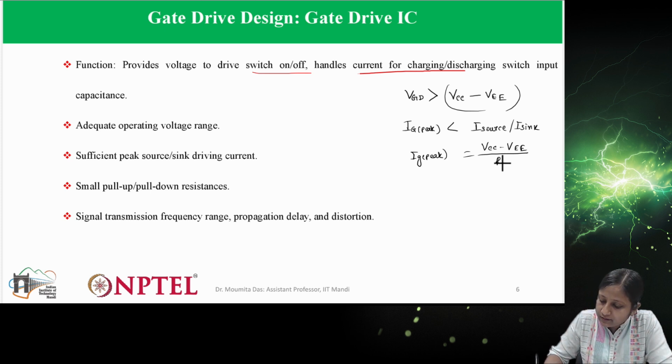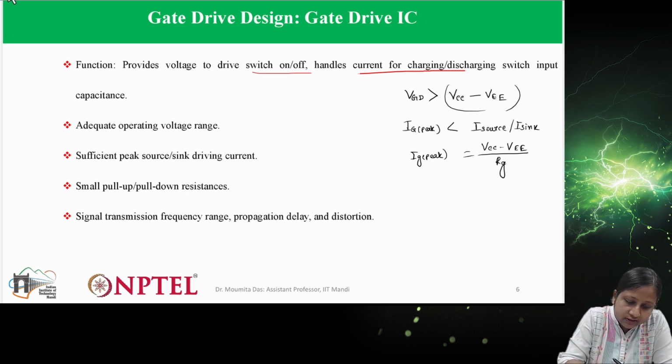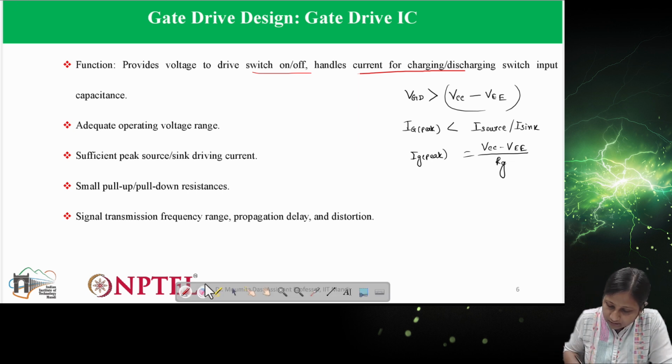All will come here as the gate resistance. So this peak value depends on the resistance and the supply voltages, and this peak current, sorry, I will just make it capital, otherwise it looks like a different component.